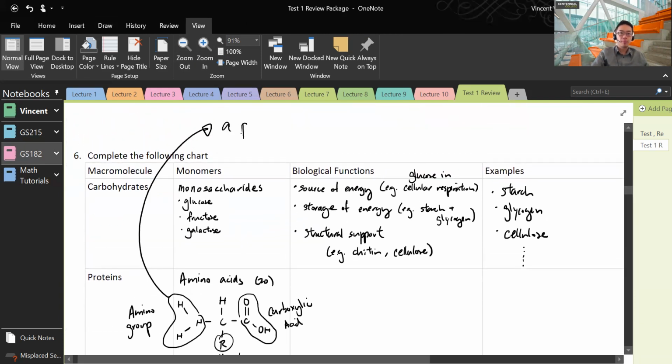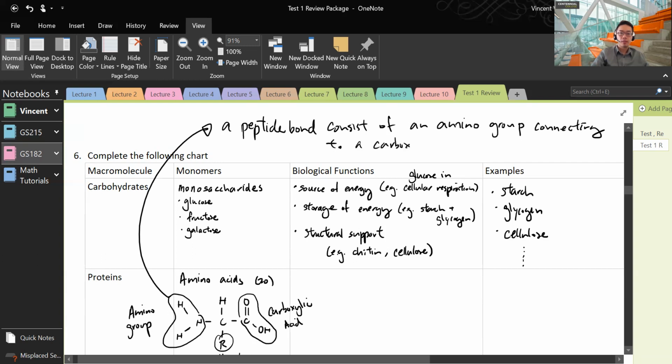A peptide bond consists of an amino group connecting to a carboxylic acid, right?